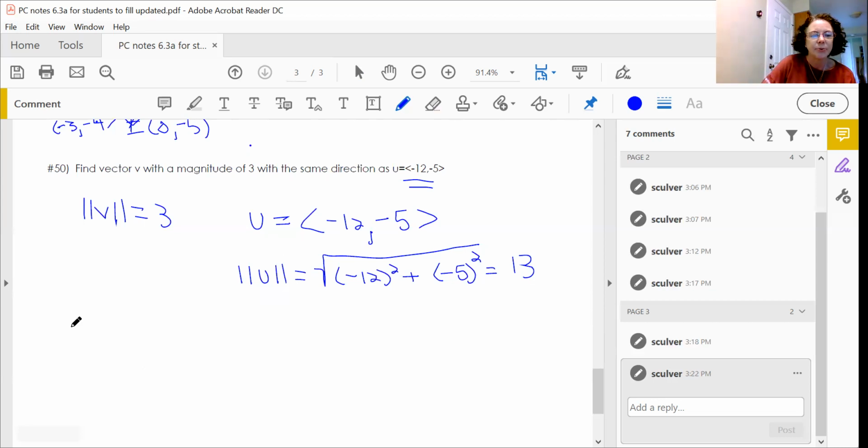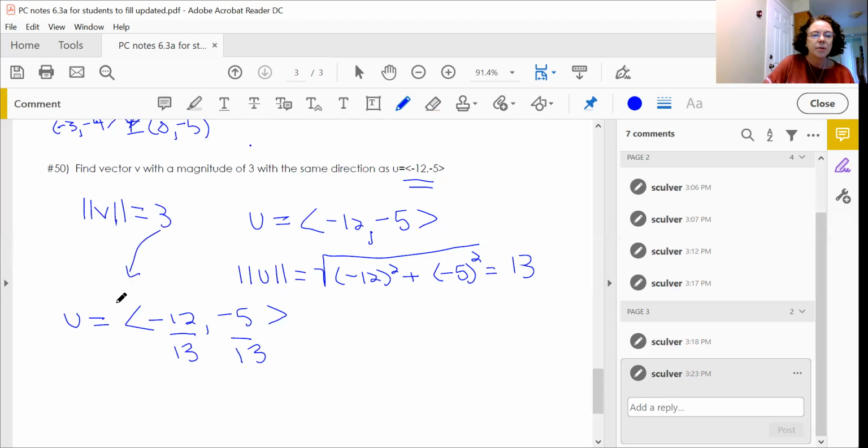So what am I going to do? Well, I want to keep the direction of u. So I am first going to keep u, and I know how to make it 1 unit long by dividing it by its magnitude. So now this is vector u with its own particular direction, 1 unit long.